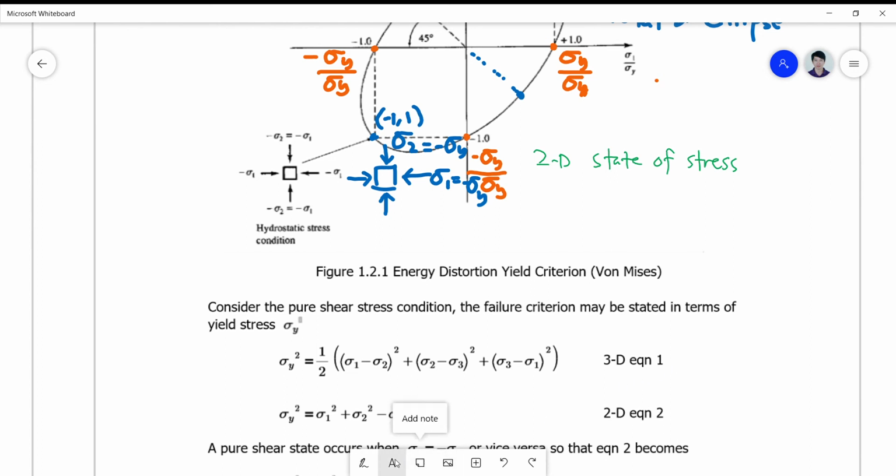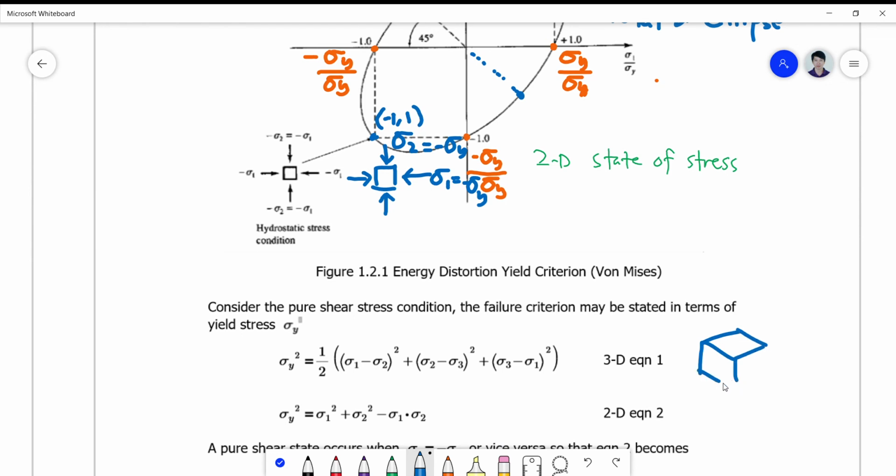In general, when I say three-dimensional state of stress, I am referring to a 3D cube wherein your stresses sigma 1, sigma 2, and sigma 3 are directed such that the orientation will be a right-handed system.